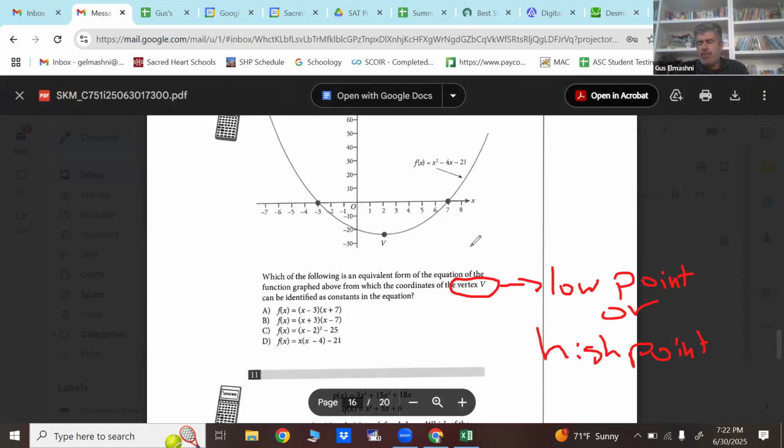Obviously, we're gonna have a low point because it's opening up. And what is the vertex here? It looks like it's 2 comma something, right? 2 comma like 5, something like that, or negative 20 something. The question is asking which equation shows the coordinates of the vertex in the equation itself. Well, which one shows me a 2?